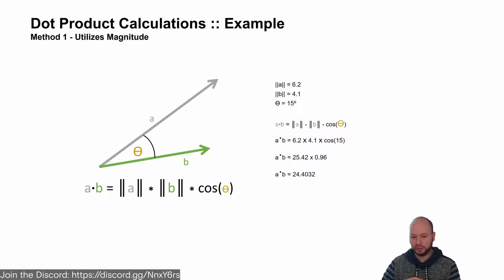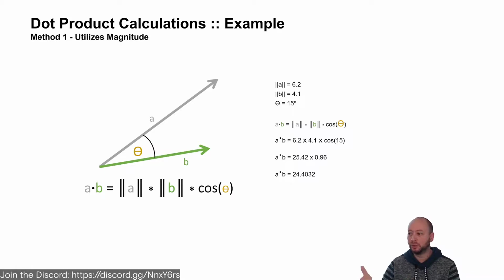Now, if you wanted to, you could get just the cosine by dividing that dot product by the product of 6.2 times 4.1. So if you were to take A dot B divided by the product of the magnitudes, you would then be given the cosine of theta.